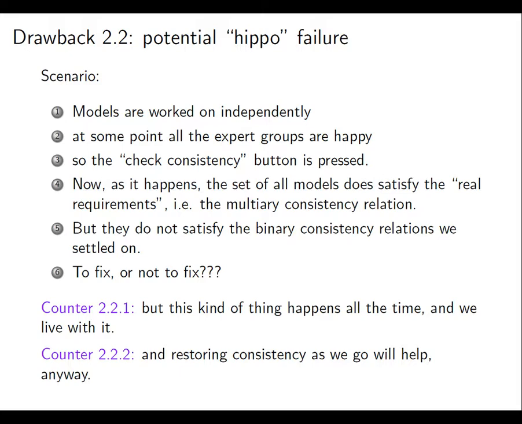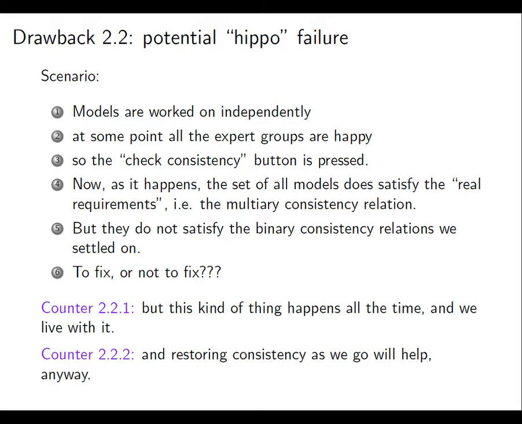And what happens is this: the models are being worked on independently, and at some point all the expert groups are happy with their models, and so they press the check consistency button. And we might say it happens that all the models right now do in fact satisfy the original multiary consistency relation, but they might not satisfy the binary consistency relations we actually were using.